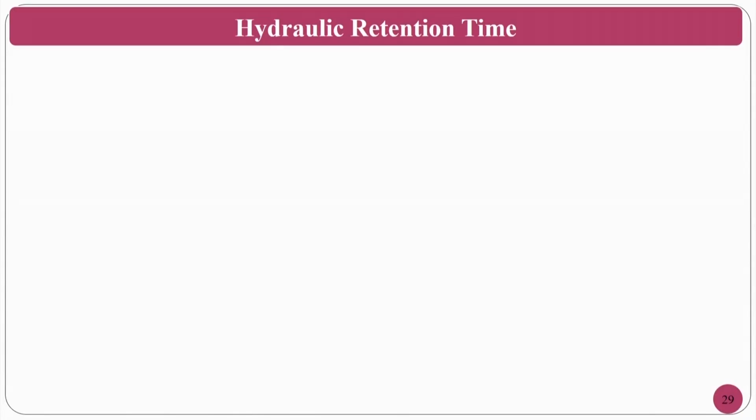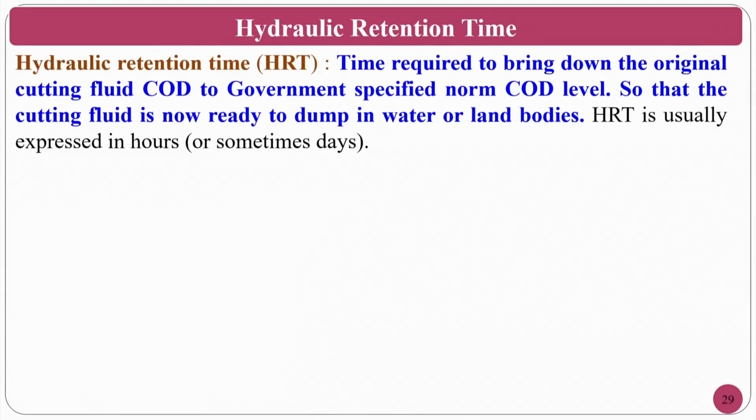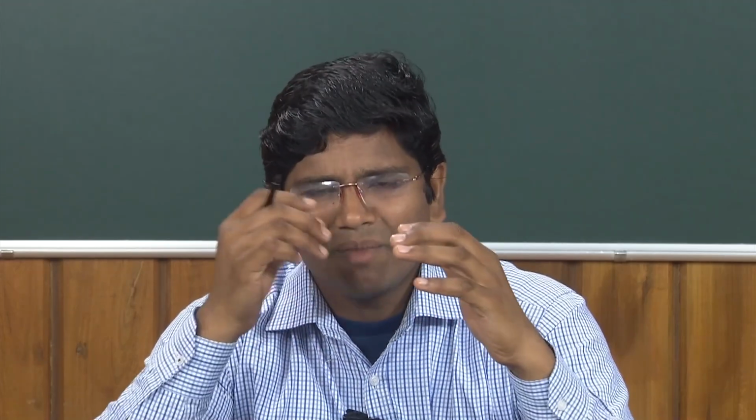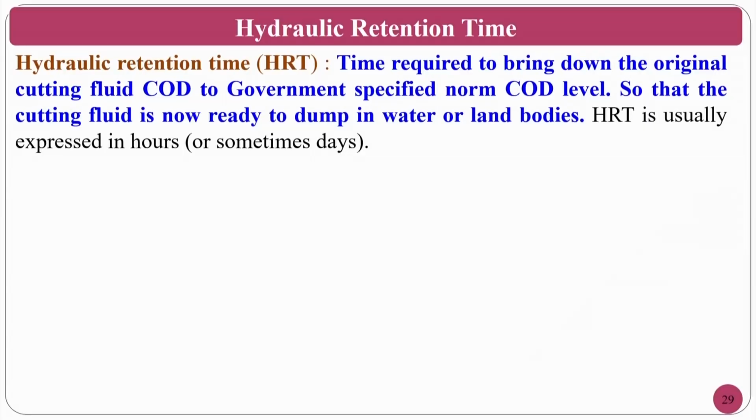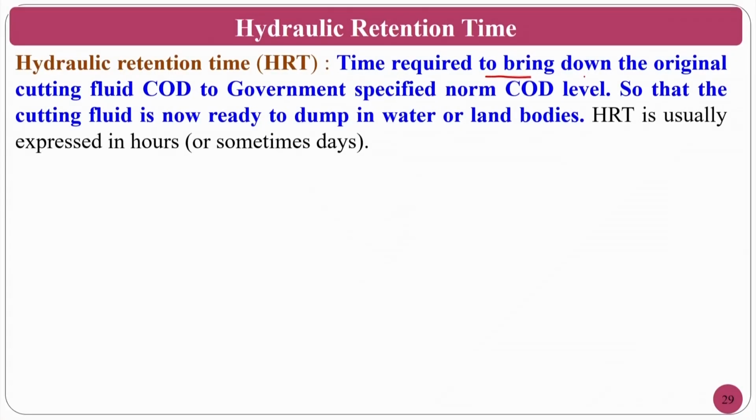Hydraulic retention time is the time required to bring the original COD level to the required COD level. That means it is time taken, normally in terms of minutes, hours or days, to bring down the original cutting fluid COD to the government specified COD.